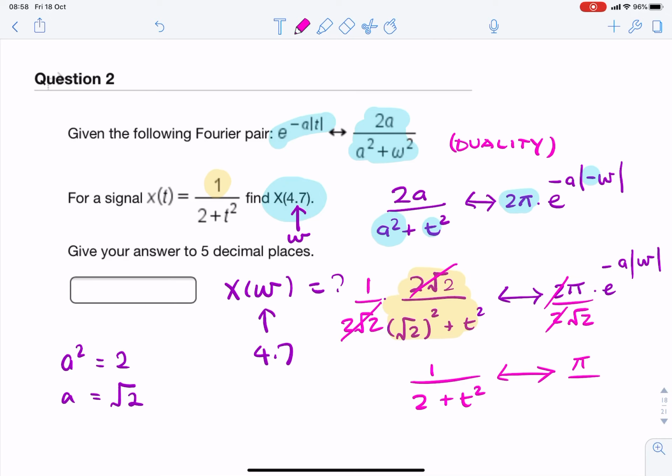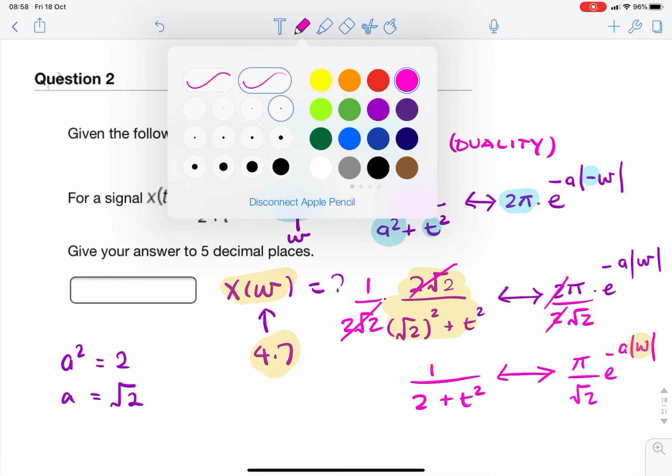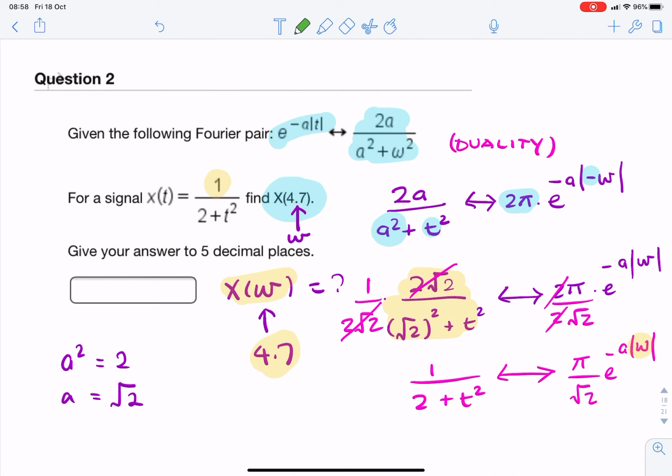So what we have now is 1 over 2 plus t squared. That corresponds to that. So now all we need to do is replace omega with 4.7, put that in a calculator, and that will give me X of omega. So the final answer will be something like this.